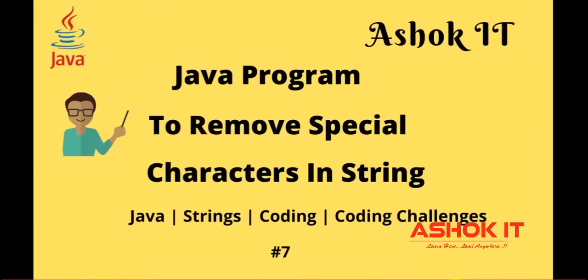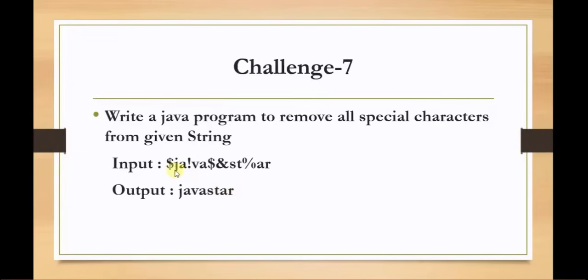How to remove special characters in the string by using a Java program. Here I am taking input which contains some alphabets and some special characters. For this string, I need to write the logic to remove special characters. So the output should look like this, which is a plain string, Java star.